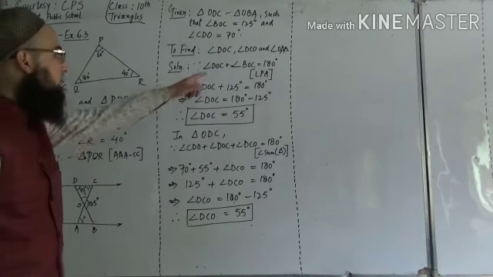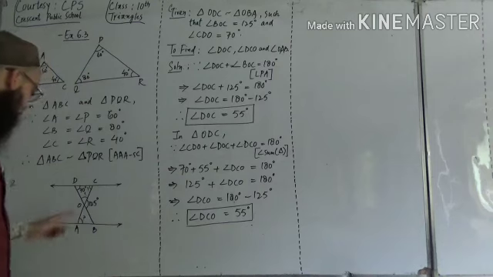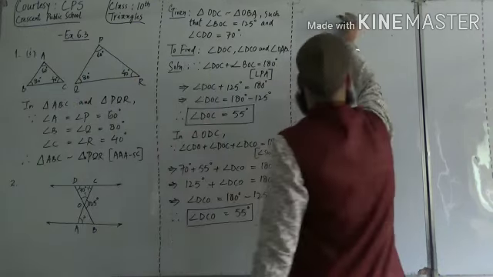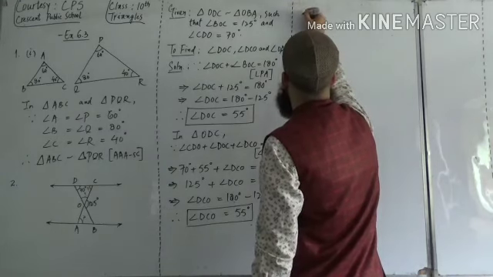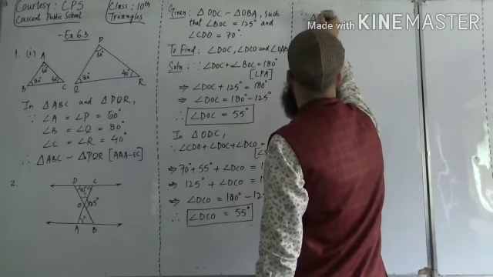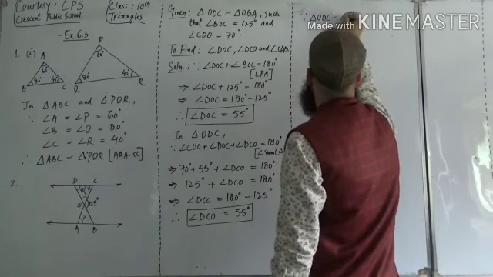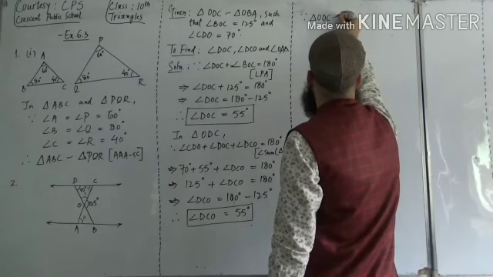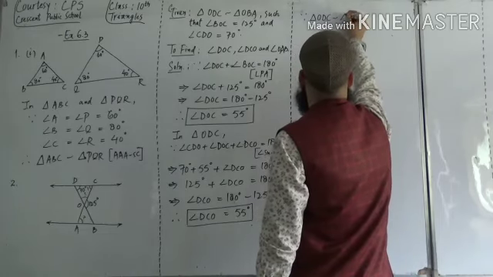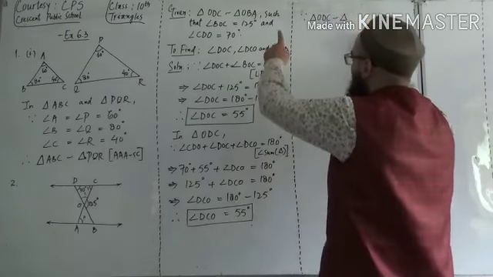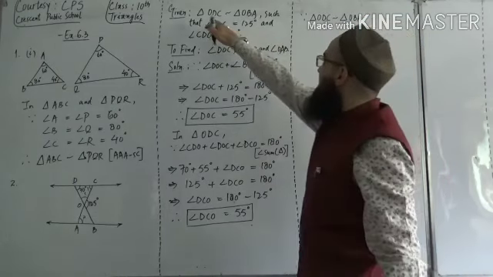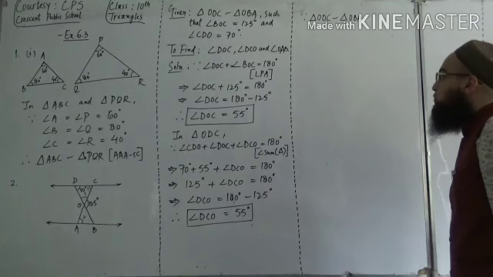Now all you need to find is OAB. Now pay attention. Since triangle ODC is similar to triangle OBA, here it's already given that ODC is similar to triangle OBA.